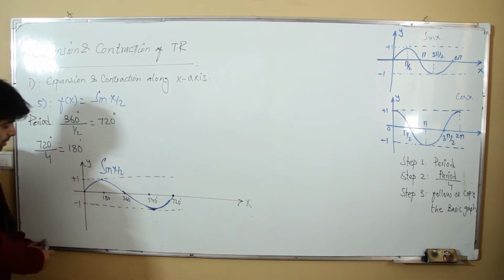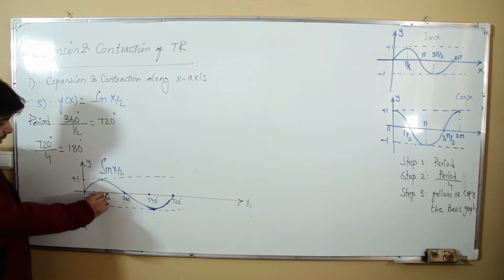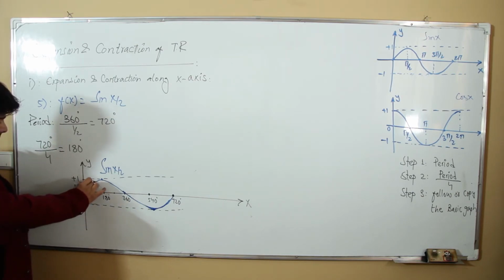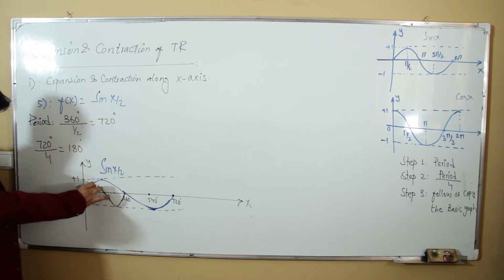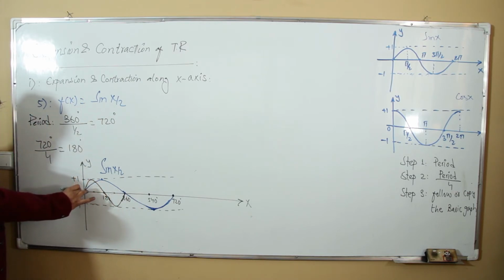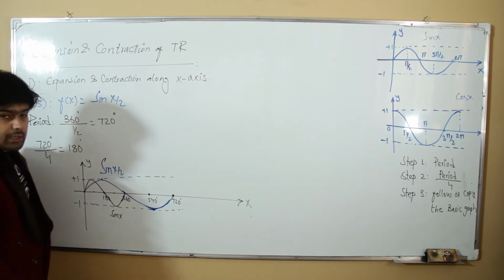What do I mean? Our first graph was in here: 90, 180, 270 and 360. This was our first graph, sine x, but this one is sine x by 2.